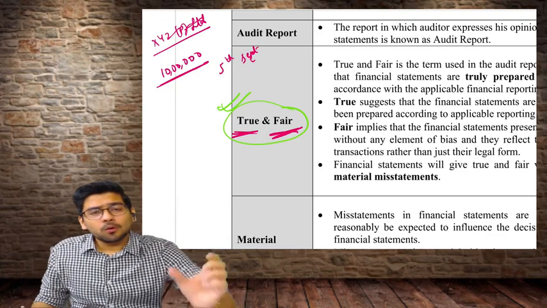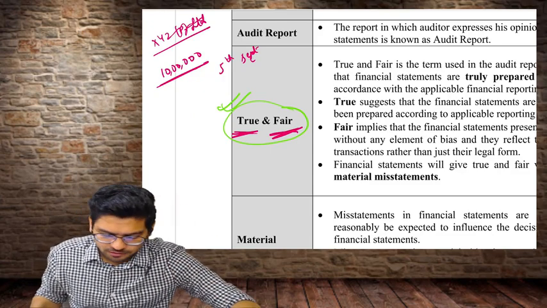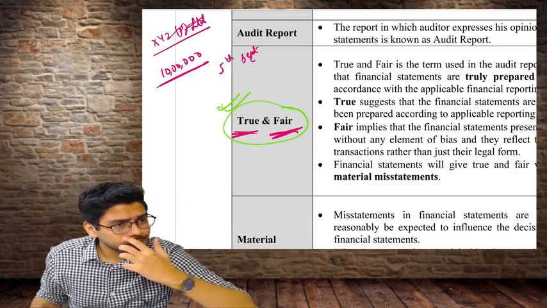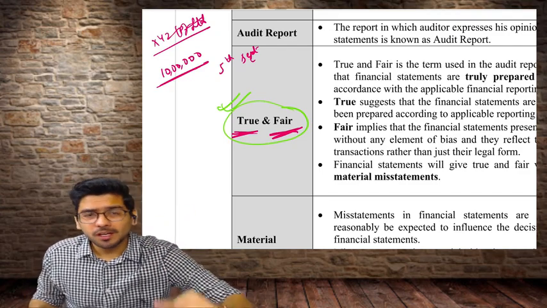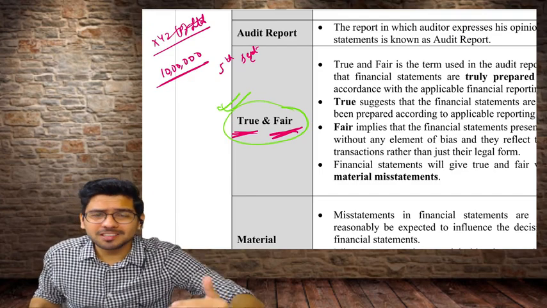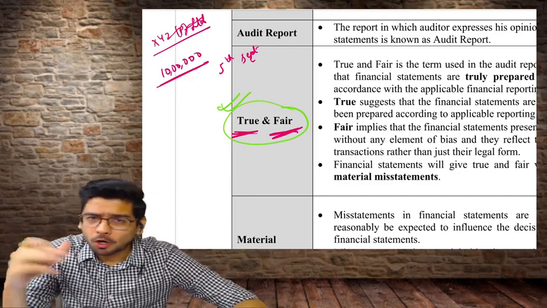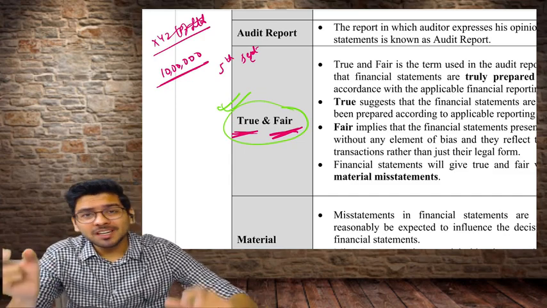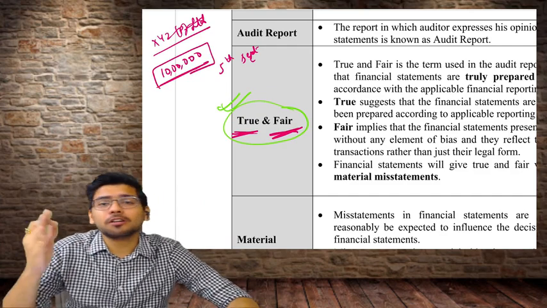Now they have correctly recorded the figure as 10 lakhs in their books. Obviously they'll record the asset in their books. They have correctly recorded the figure of 10 lakhs in the books. That means they have truthfully recorded the transaction.